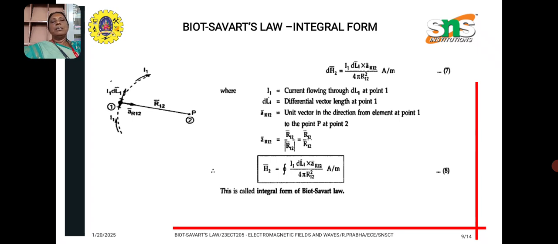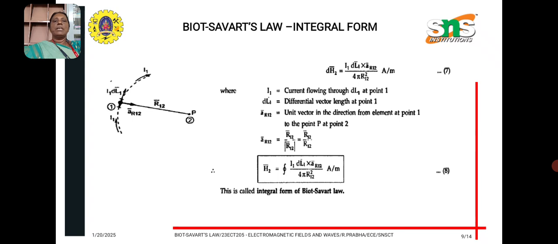We can define each term: I1 is the current flowing through dl1 at point 1, dl1 is the differential vector element at point 1, and ar12 is the unit vector in the direction from the element at point 1 to the point P at point 2. Here ar12 is R12 vector by the modulus of R12.